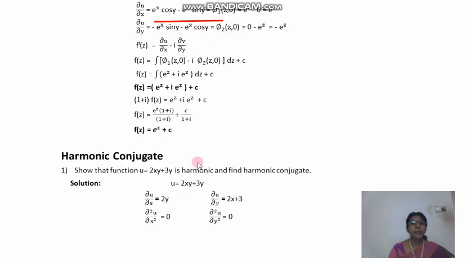Now this is the formula: dv = ∂v/∂x dx + ∂v/∂y dy. Here by the CR equations, ∂v/∂x = −∂u/∂y and ∂v/∂y = ∂u/∂x, because we have been given the u function and we know ∂u/∂y and ∂u/∂x. So you write this derivative of v in terms of u.